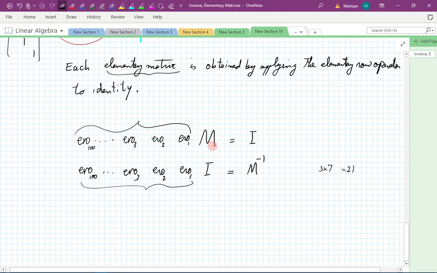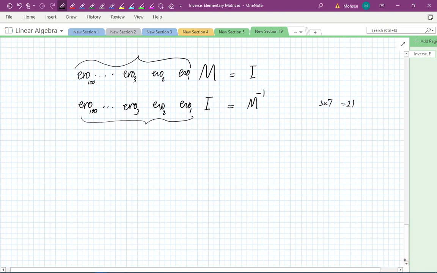How about M itself? Now instead of writing 100 of this thing and getting distracted, let me just write 2 of them so that we are not overwhelmed. So elementary row operation number 1, and suppose I got lucky, after 2 operations I was all done, and then I already had identity. Of course, in practice this could go on and on.